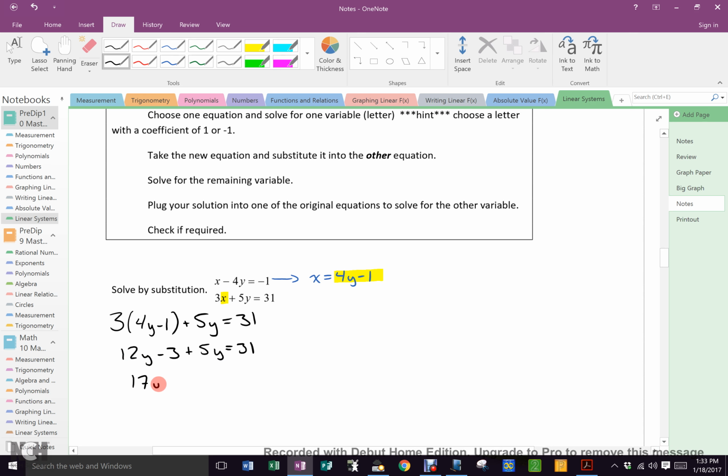That is 17y minus 3 equals 31. That is 17y equals what? 34. And y equals what? 2. Everybody cool? Now I know one of my answers, don't I? Now, look at what's highlighted in yellow.